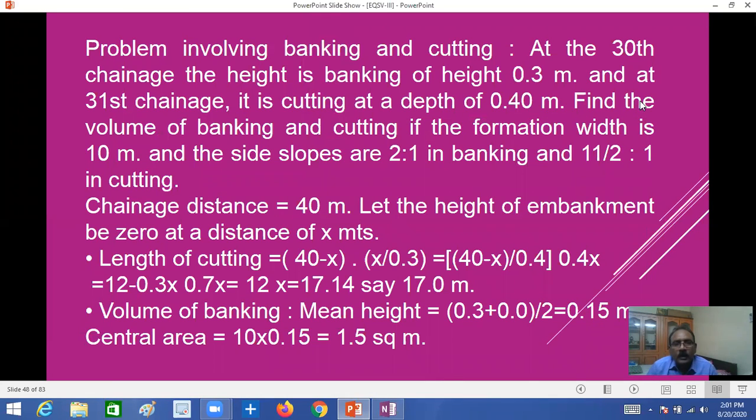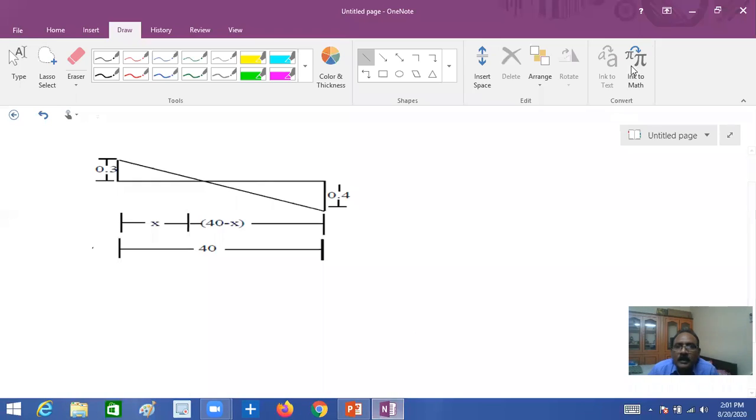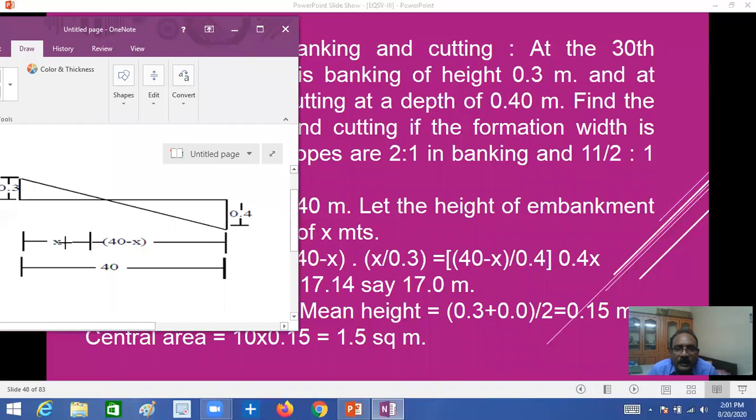Now for the length of cutting and volume of banking, from this we calculated X. At a distance X the height is 0. Now for the volume of banking, we calculate the mean height, at 0 and 0.3. At 17 meters the value is 0. So we have to calculate this embankment value and this cutting value.